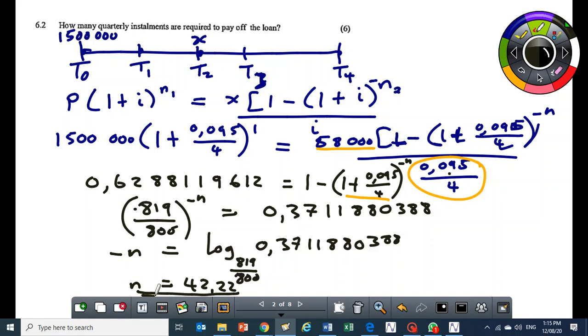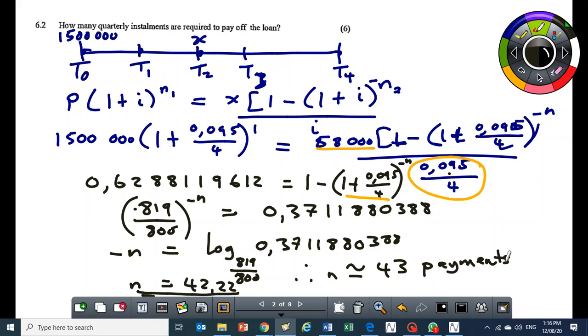Now, because the question is asking for the number of payments, we say therefore our n is going to be approximately 43 payments. The question is not asking for the number of years, but for the number of payments.